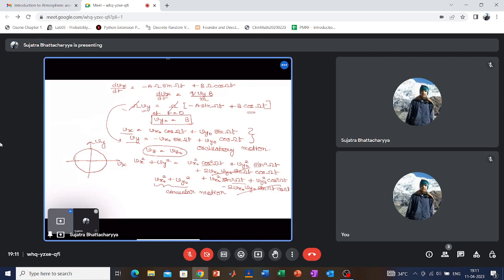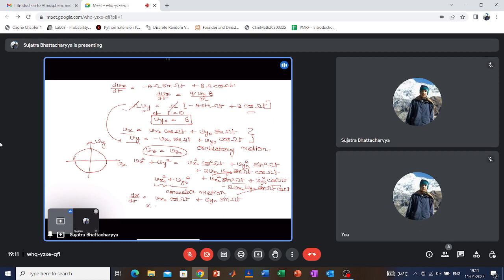Right. Now if you see the position also, there also you can see how we can get dx dt as Vx0 cos omega t plus Vy0 sin omega t.